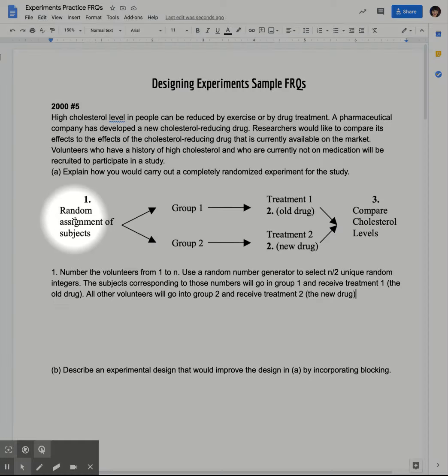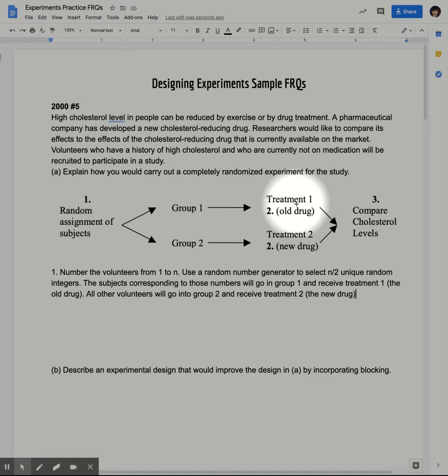First, they've included the random assignment of subjects, and then I went and explained how the random assignment would occur. Remember, random assignment comes first. It splits our subjects into two groups, right? And then another thing that you have to make sure you identify is what the individual treatments are.